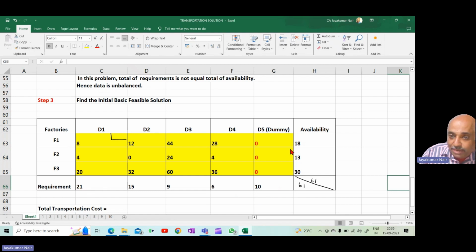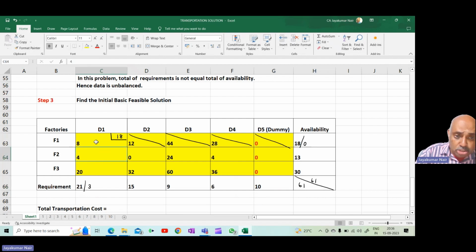So see the availability and the requirement. Availability is 18, requirement is 21. So the lower of the two, you will allocate to this particular destination. Therefore, this availability gets reduced to 0 and this will become 3. Now, since this has become 0, this particular row you have to cancel.